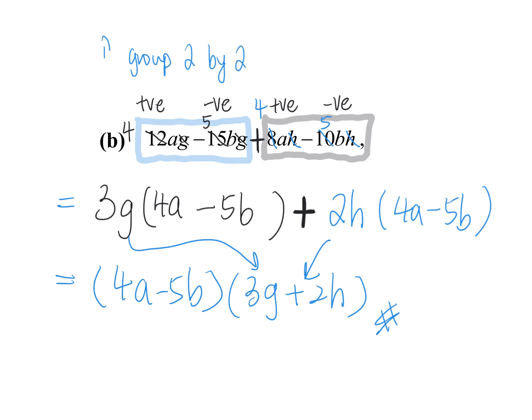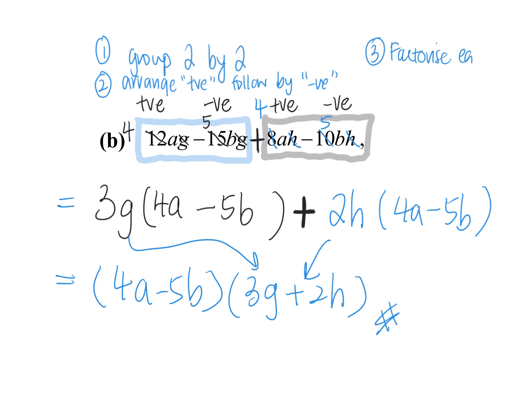Then you make sure you arrange positive followed by negative. Then the third step is you factorize. Okay, then you do each group. Then lastly, you take out common factor. So the steps for 4 terms is the same.